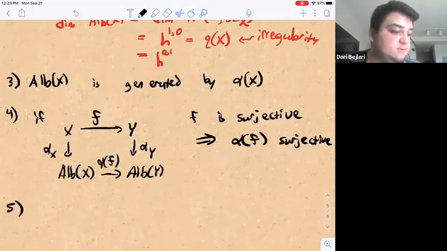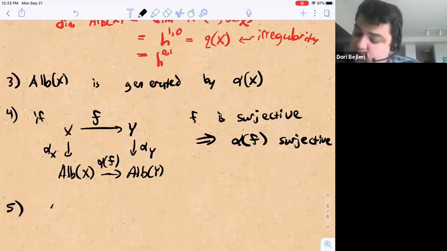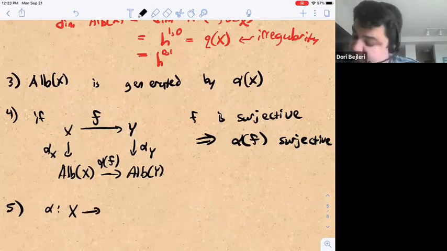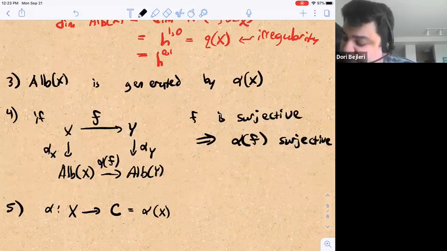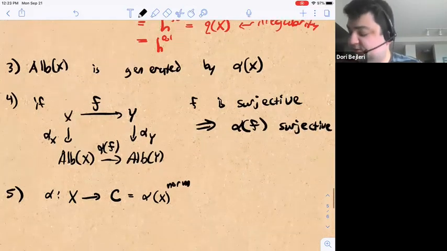And then a following special case that will come up a few times in the proof is that if x factors through some curve C, so basically if the image of the Albanese is a curve, and then we can take its normalization because x is smooth, so it'll factor through the normalization.